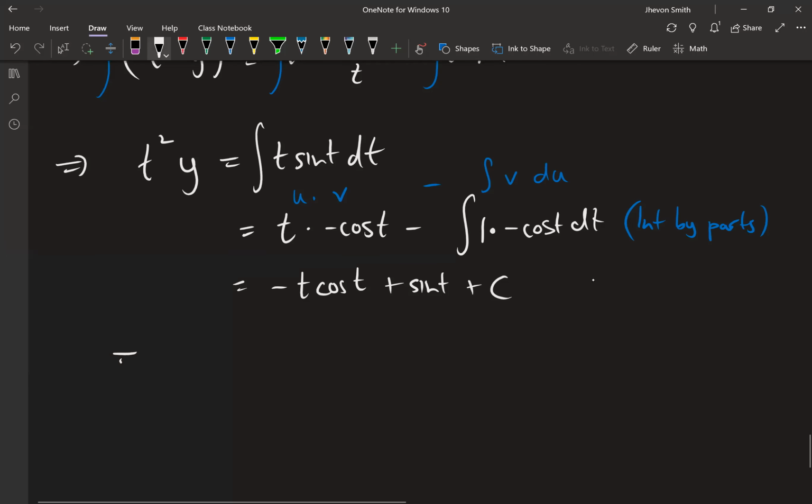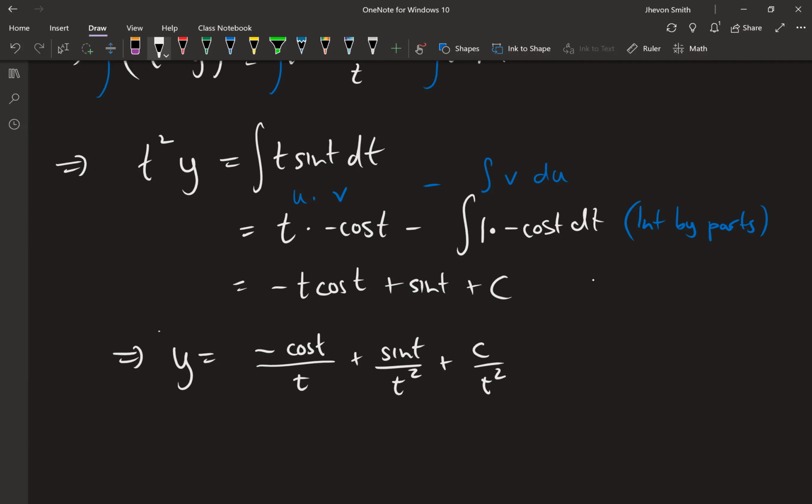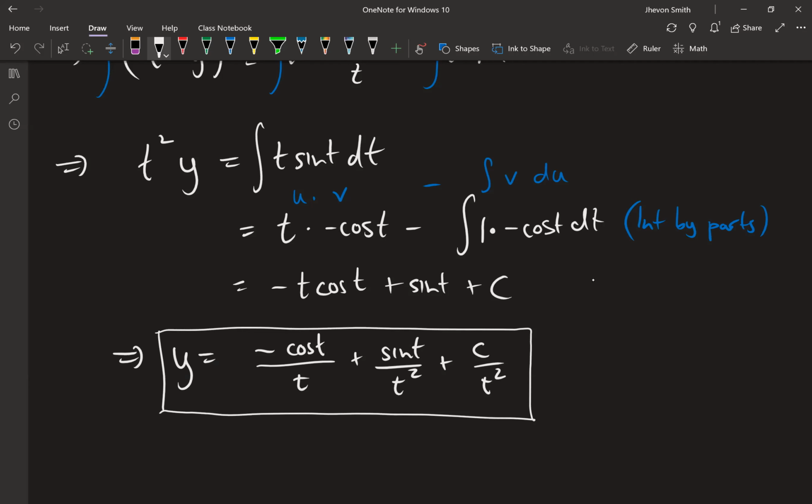And then this means that my y is what I would get if I just divide both sides by t squared. So this is minus cosine t over t plus sine of t over t squared plus c over t squared. Students often forget the c, so they'll miss that whole c over t squared function. That is going to be our solution here.